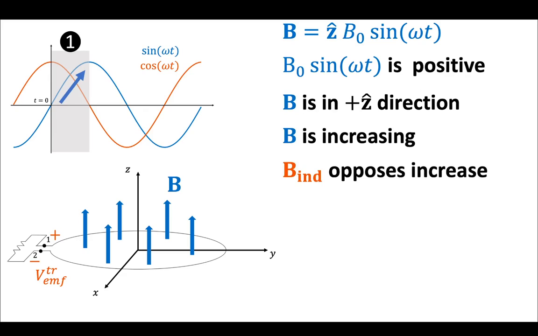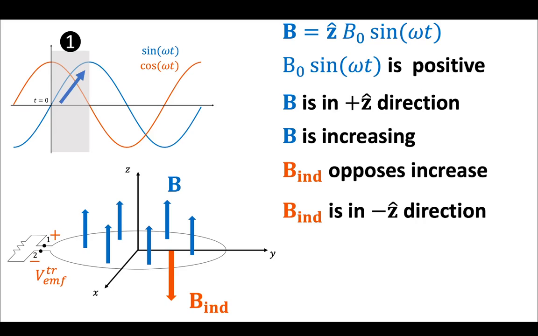Now, the induced magnetic field is always going to oppose the change. So B induced is going to oppose the increase in B. So to oppose B increasing, B induced should be in the opposite direction.